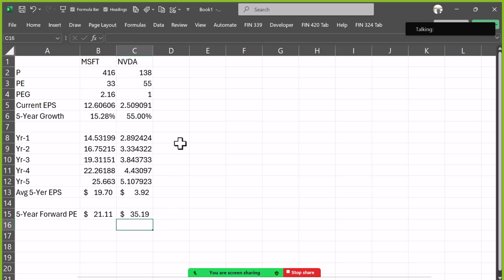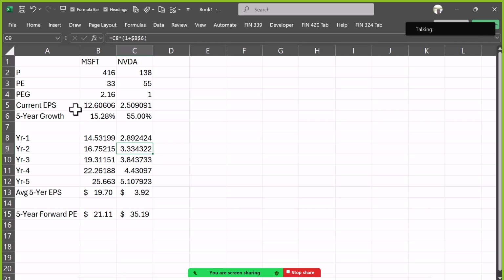I think I did something wrong. Oh, you're not telling me that I did something wrong. I multiplied it with 1 plus the growth rate of Microsoft. Instead of fixing only the row, I also fixed the column.